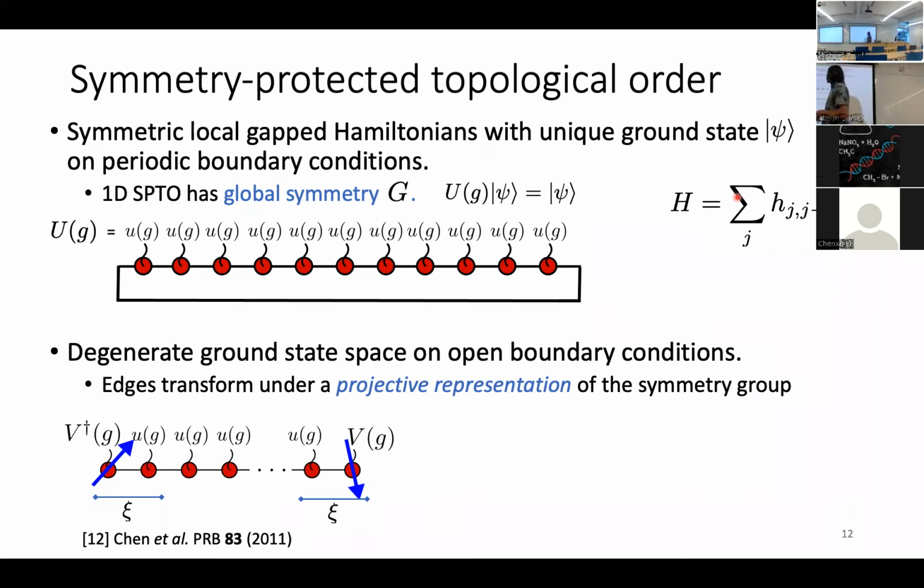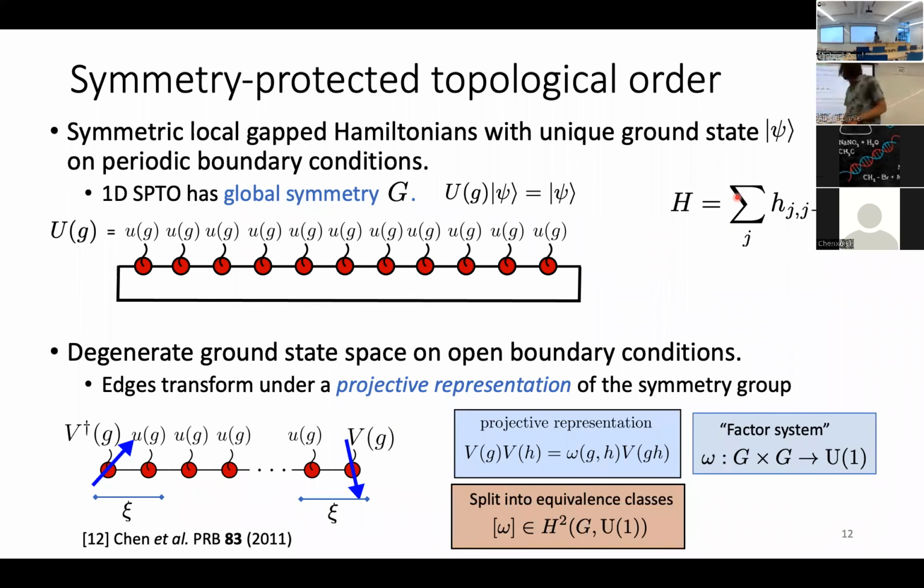The total global operation is a representation of the symmetry group, forming a group homomorphism, but about each edge the symmetry acts as a projective representation of the symmetry group, which is essentially this group homomorphism up to a G-dependent phase that people call a factor system.